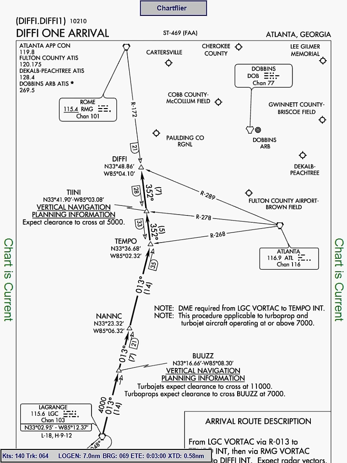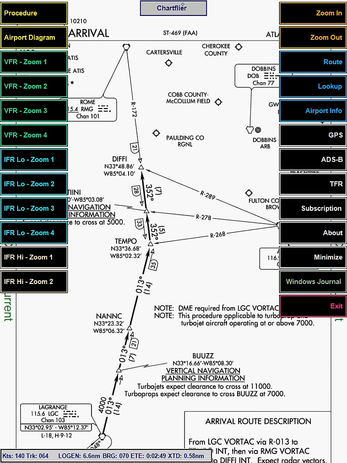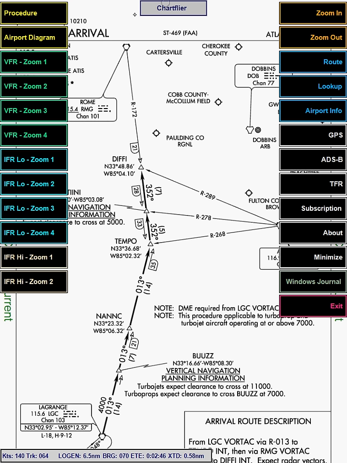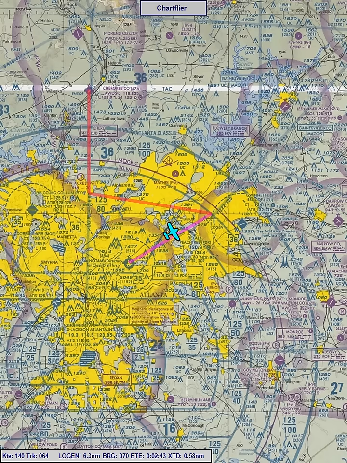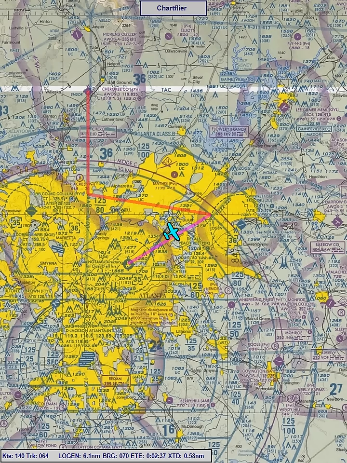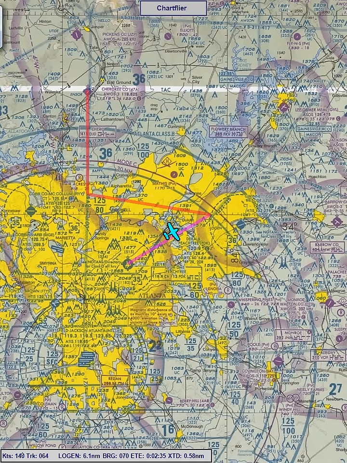The key to Chartflier's innovative technology is the simplicity of the menu. Just by clicking the main menu, it always brings up the same choices. If we were flying, we thought maybe we were somewhere like Athens, we would just simply click Look Up, bring up Athens, the airport, and then we'll possibly take a look at it on the map.